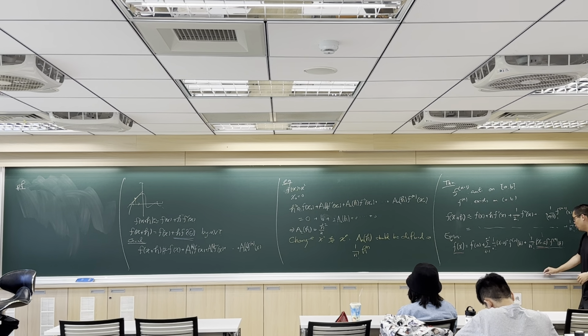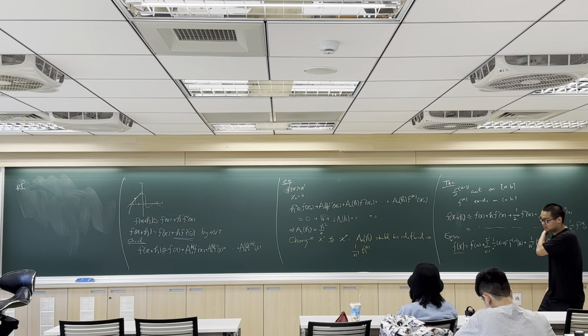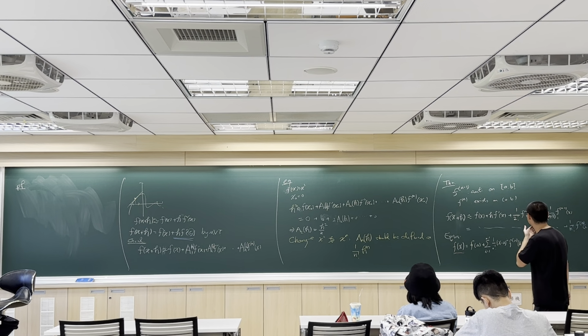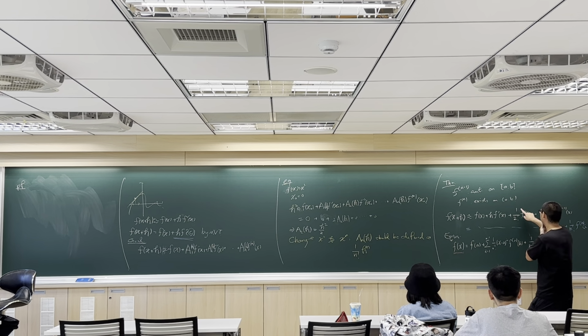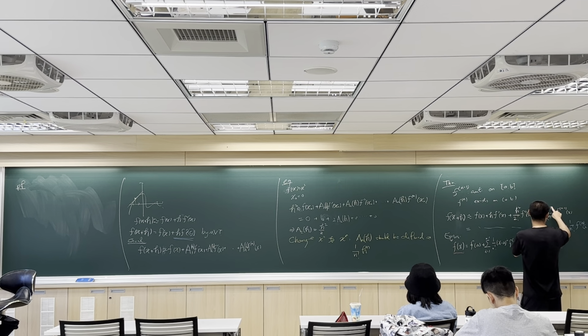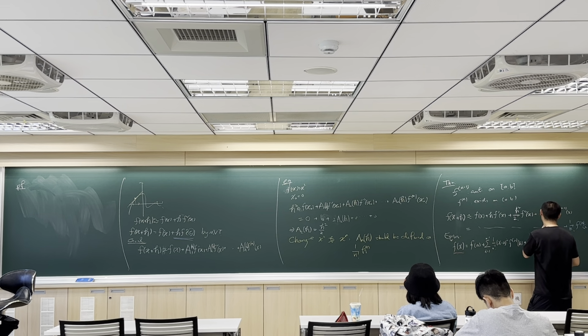So you want to differentiate two terms at the same time. A way to do this is, wait, but where's the h to the powers? Yep, you're right. S squared. H minus 1.